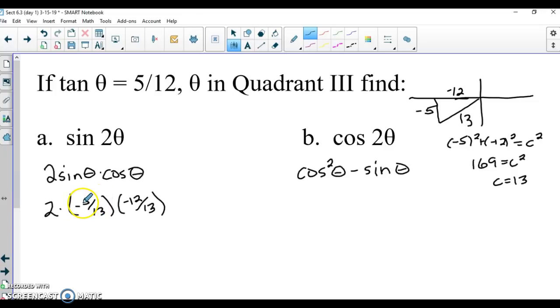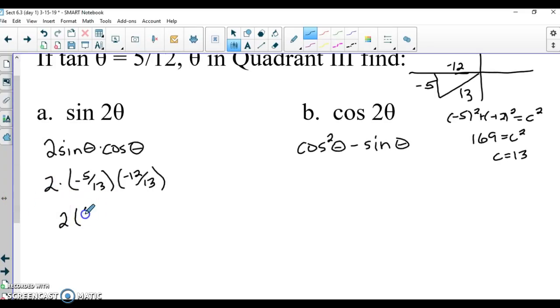Now, multiply those together. Don't forget, negative 5 times, I'm going to keep the 2 out here for now, negative 12 is 60. 13 times 13 is 169. And then 2 times 60 would be 120 over 169. So that would be the sine of 2 theta.